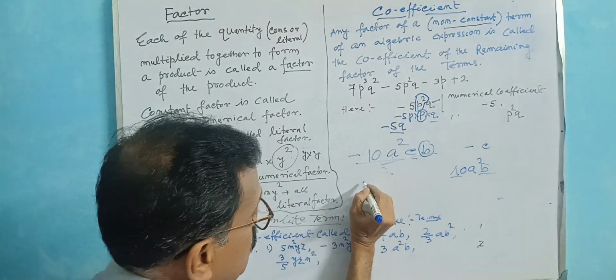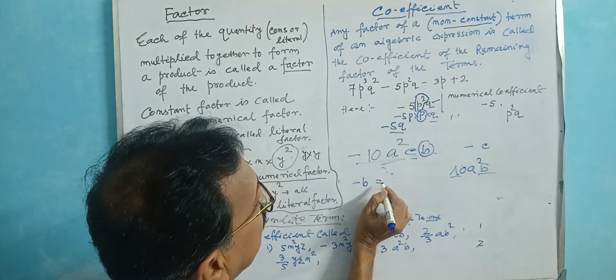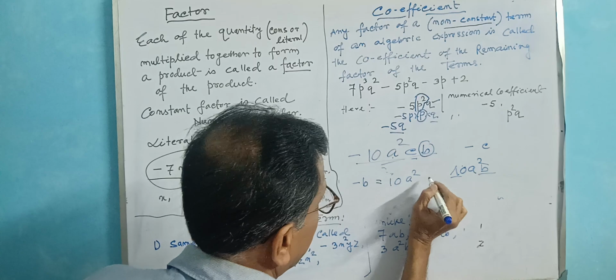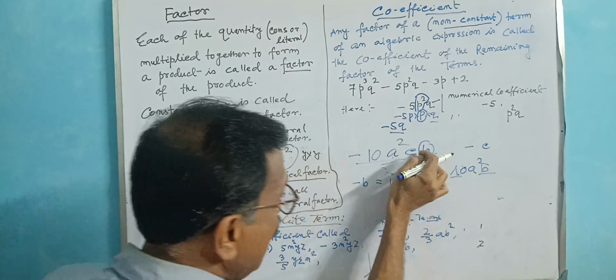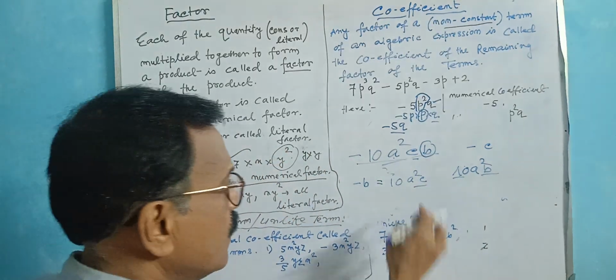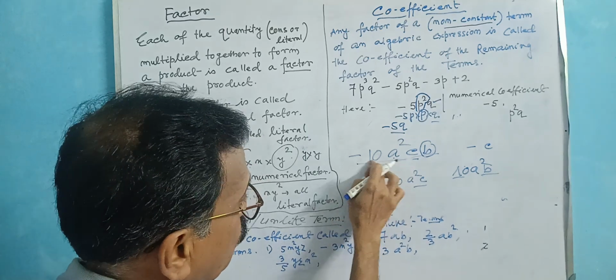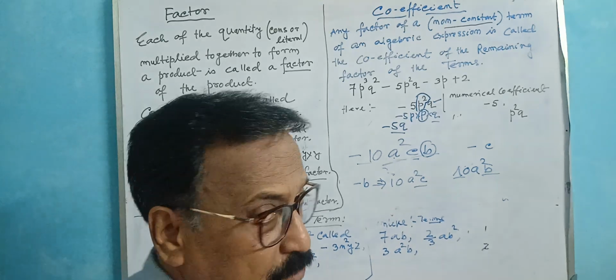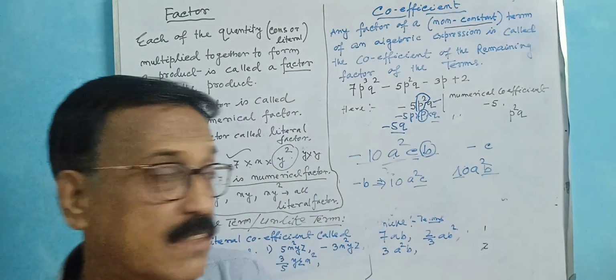What is the coefficient of minus b? That is my b and minus. So 10 a square c. Left part, only the left part. B you take minus, you see. So coefficient of this is 10 a square c. Clear? So this is the very important thing.